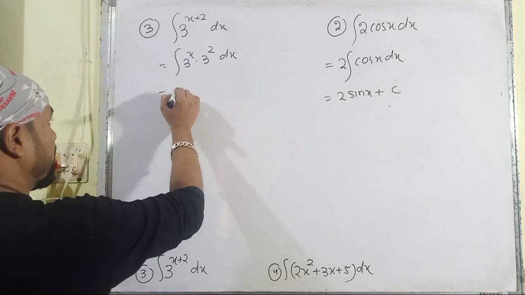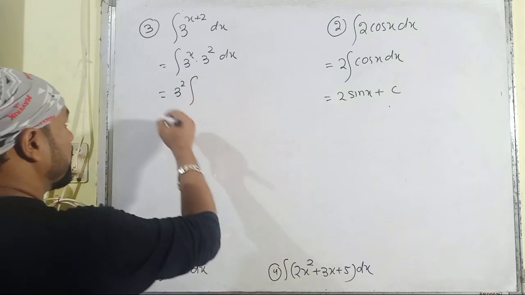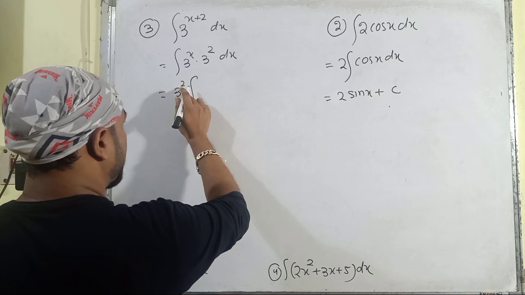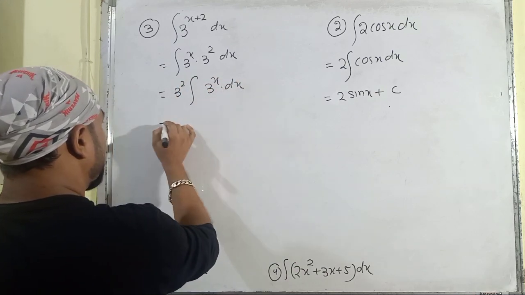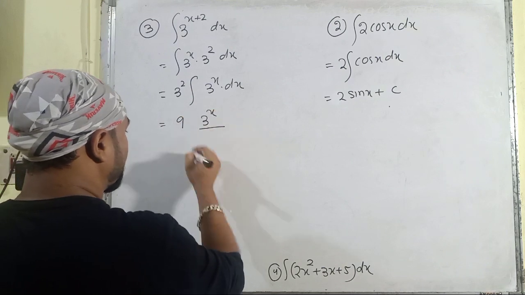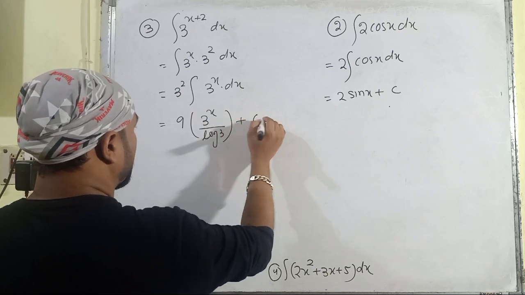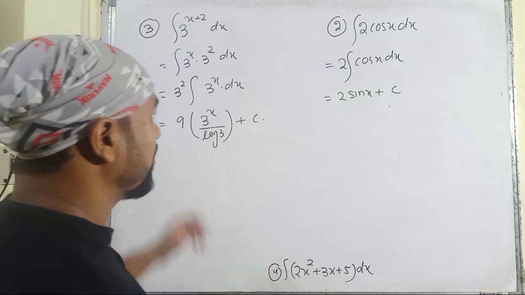Then again taking the scalar outside of the integration process, it will be 3 to the power 2 multiplied with the integral of 3 to the power x dx. Then it will be 9 multiplied with 3 to the power x divided by log 3 plus any constant c, and here is the solution for problem number 3.